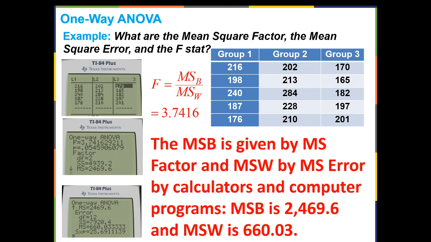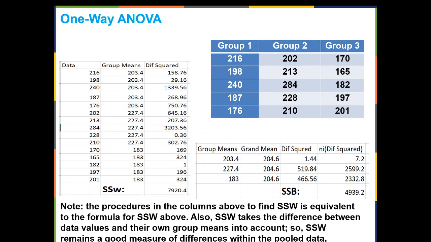All right, so I did some calculations here in Excel, actually by using those formulas. If you want, you can look at it. You don't have to, but you can stop the video and look at this and see how I got these values for SSB and SSW using these values. Take a look at it.